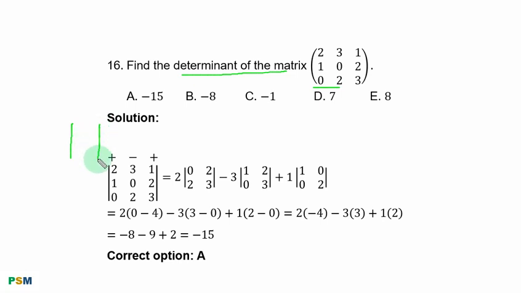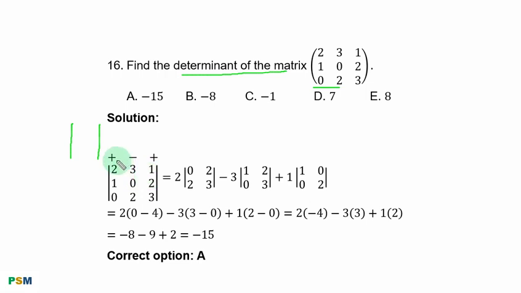You expand along any row of your choice. I prefer using row 1. Row 1, you assign the checkerboard signs of plus, minus, plus. If you want to expand along row 2, the checkerboard signs, you have minus, plus, minus, and so on.